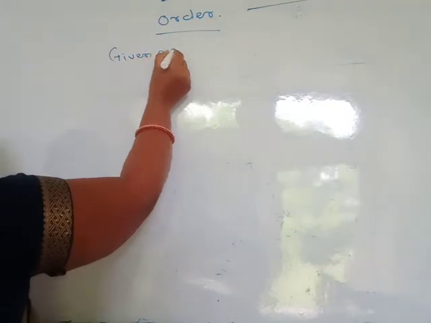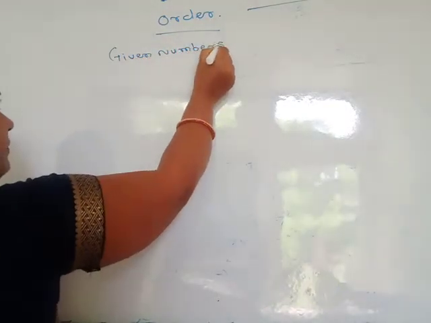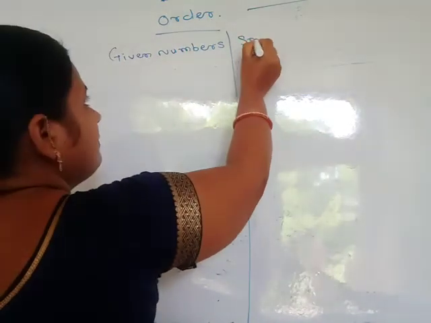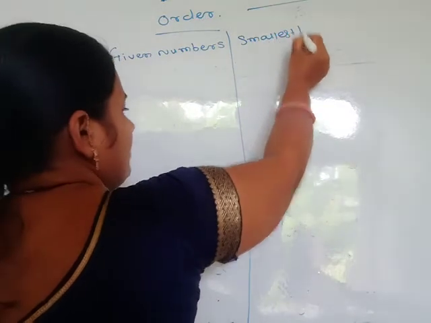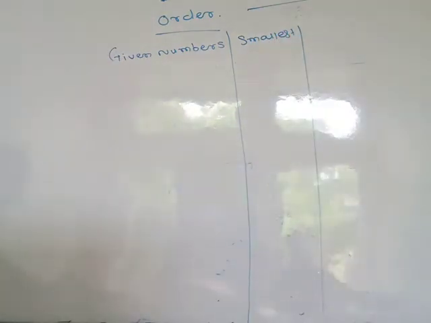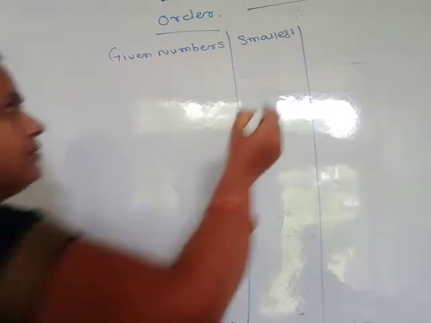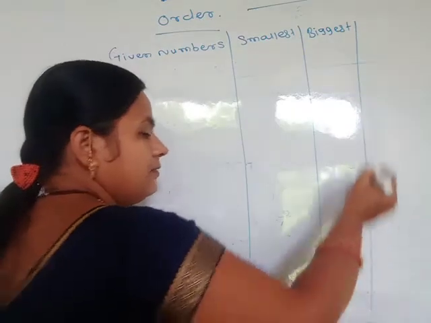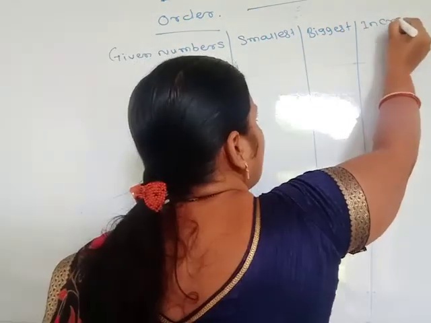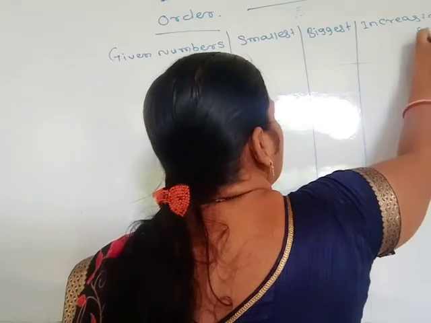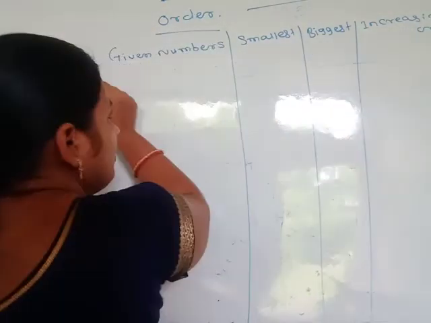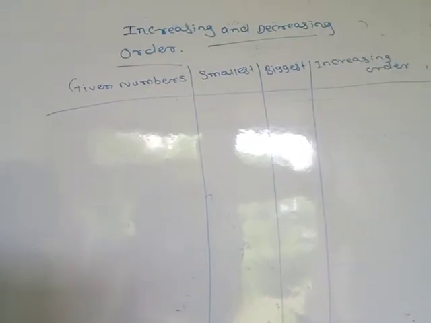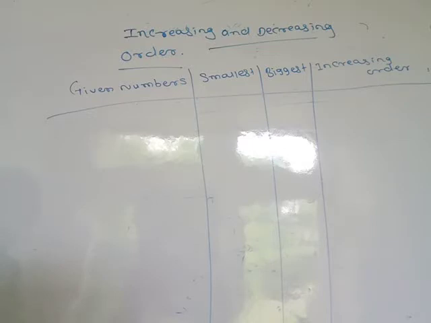One for given numbers, smallest number, biggest and increasing order. You make these 4 columns: given numbers, smallest, biggest and increasing order.